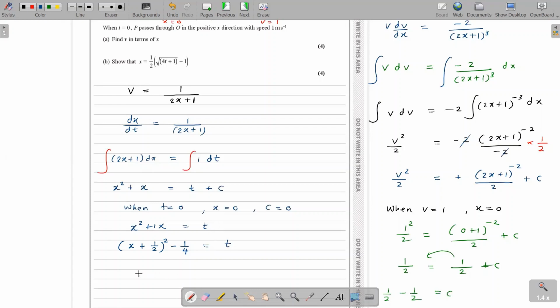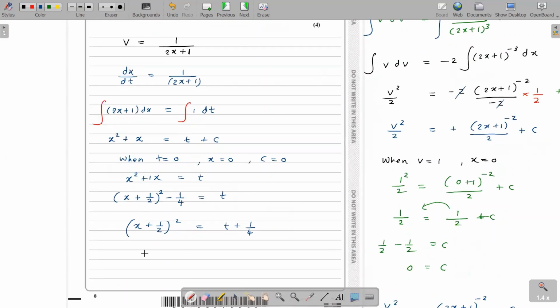So now our task is to make x the subject. So x plus half to the power 2, minus 1 over 4, goes to the other side as plus 1 over 4. I think the question has 4t. So I'll take a common denominator here, and I get 4t plus 1 over 4. Do you agree?